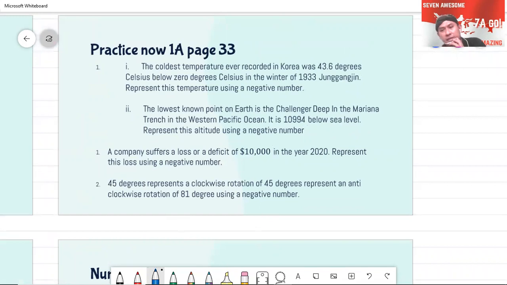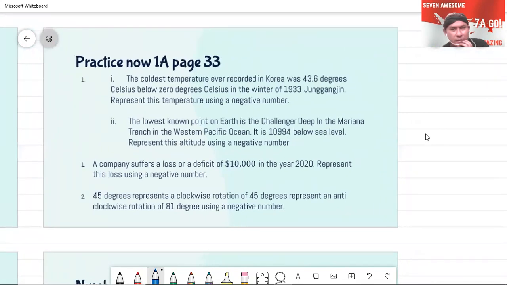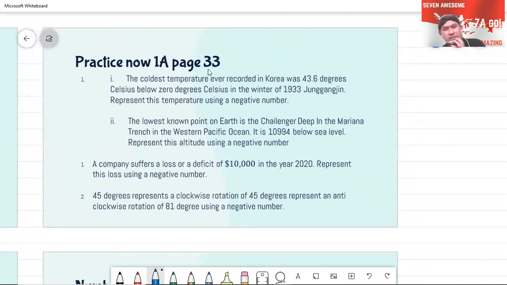Now this one is why we need to learn about negative numbers. The coldest temperature ever recorded in Korea was 43.6 degrees Celsius below 0 degrees.